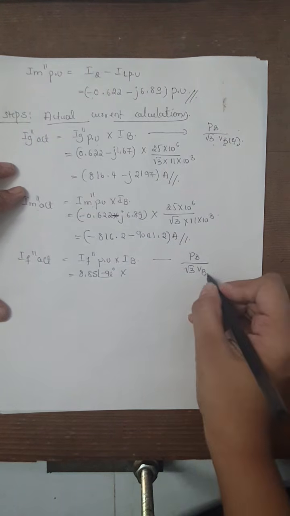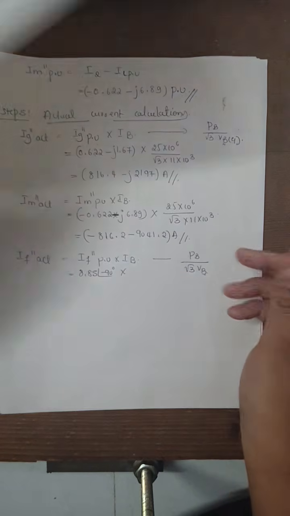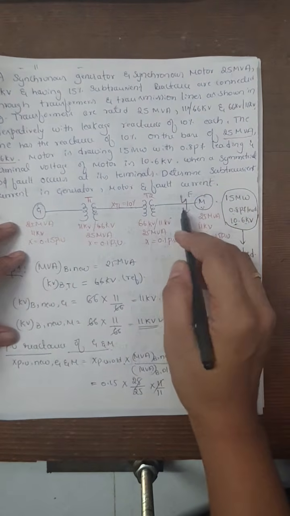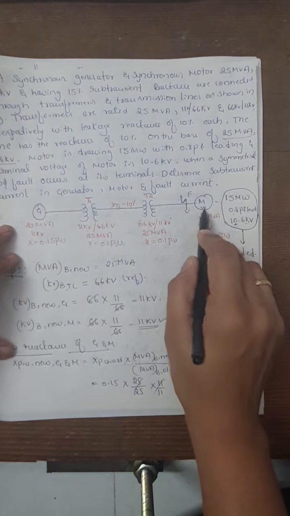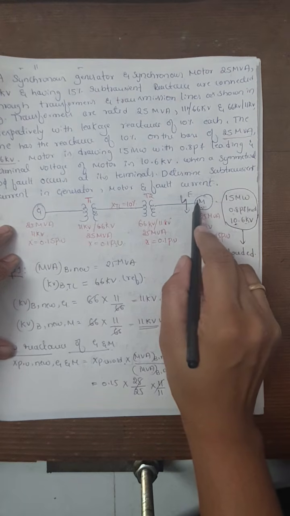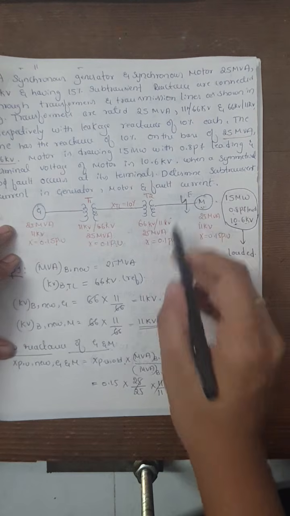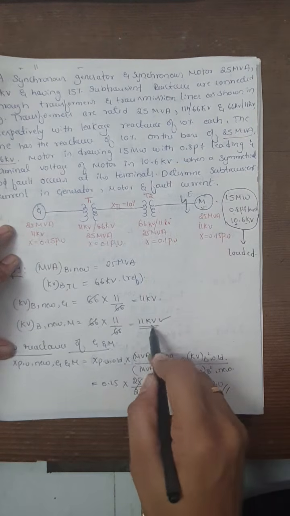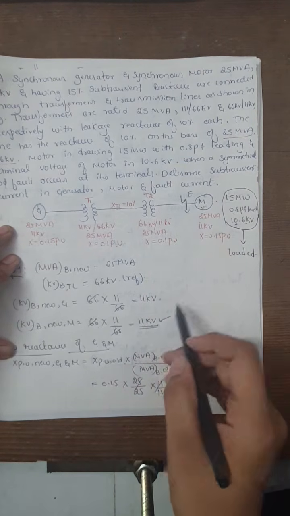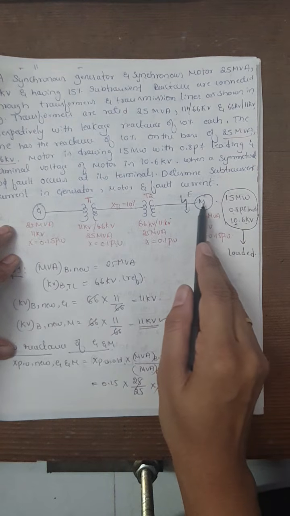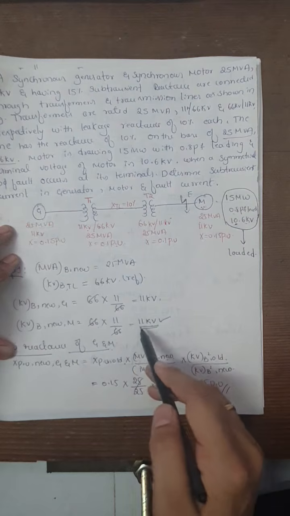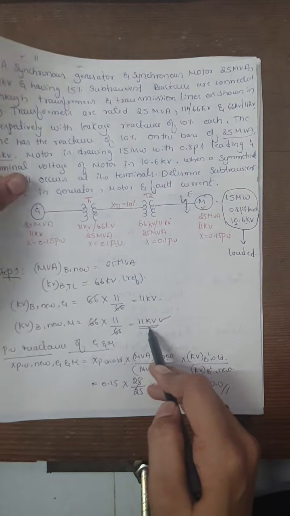Which base voltage you will take? Observe the single line diagram. Here the fault is occurring near the motor side. That means the base voltage for the fault point is the motor value only, that is 11 kilovolt. Understood? So the base voltage we are supposed to consider is the motor value only.